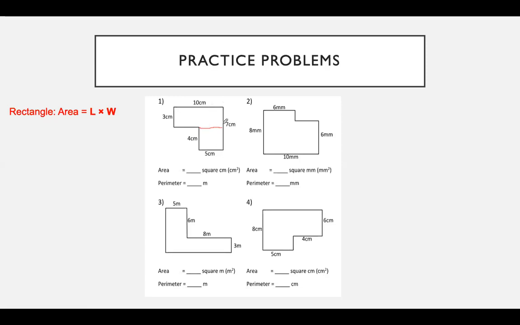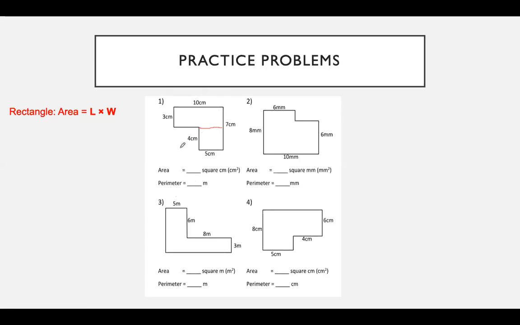If we calculate the area of each rectangle and then add them together, we can get the whole area of the shape. And I know in these problems, we also have the question asking us for the perimeter, which I can solve for after we find the area.